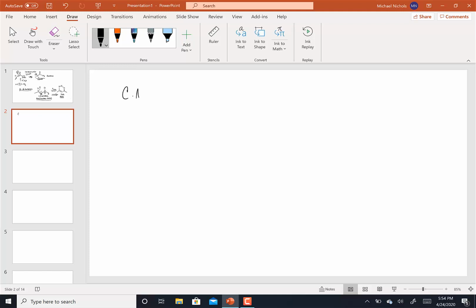So for a carboxylic acid derivative, such as an ester, let's say, the equilibrium here lies predominantly towards the ester.